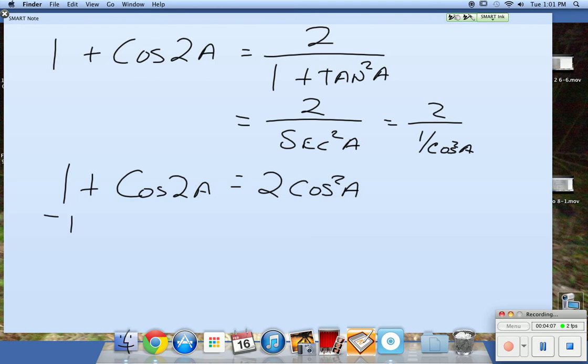Subtract 1 from both sides. This goes away. And I'm left with cosine 2a equals 2 cosine squared a minus 1, which is my double angle identity.